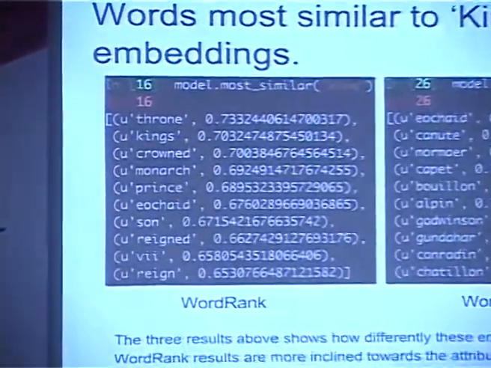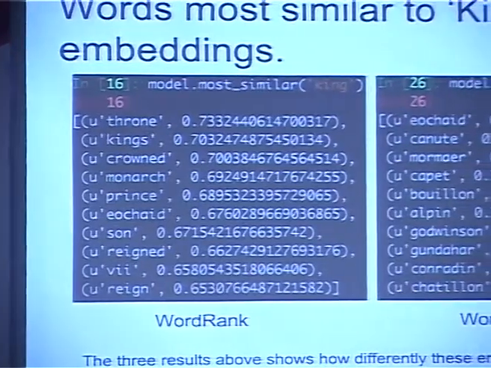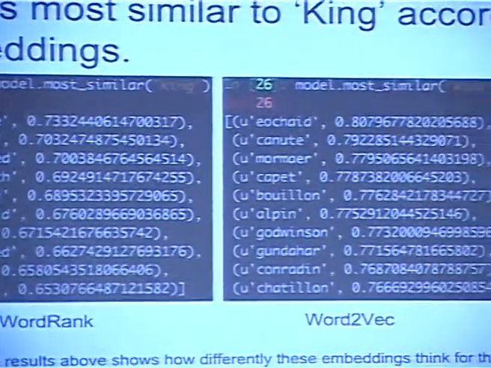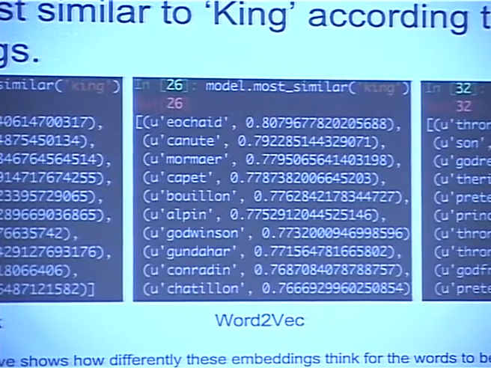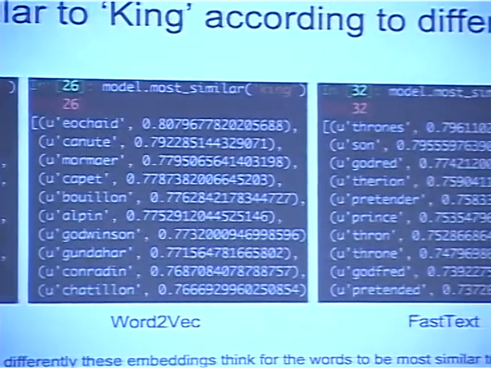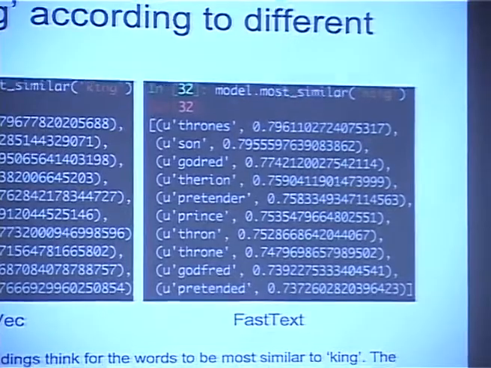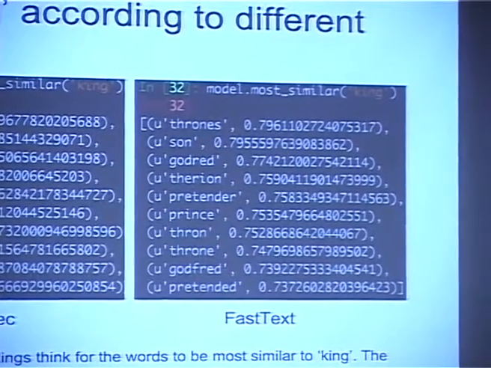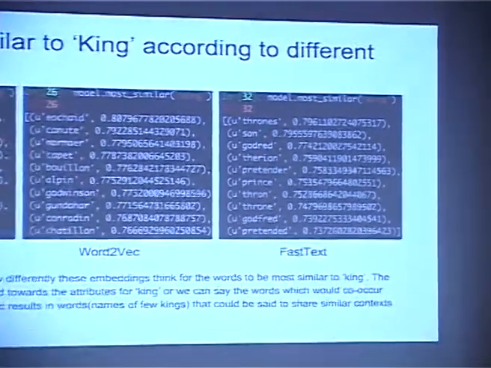For example, take "king killed the prisoner", and we can replace the word king with all these names, like "Canute killed the prisoner". So we can exchange these words. These are syntactic similarities. And semantic similarities, like throne, crown, monarch, are related to king, but we cannot exchange these words in the same context. This is the difference between these two types of similarities.